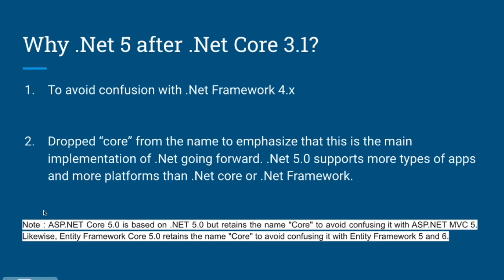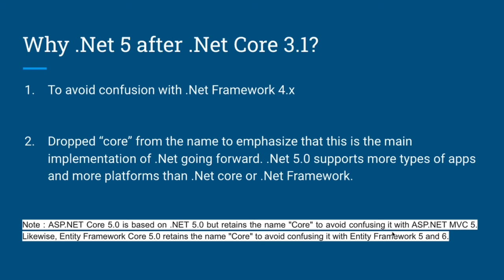One main thing we have to note is that ASP.NET Core 5 is still available, and this is based on .NET 5. ASP.NET Core 5 is based on .NET 5, and it retains the name Core to avoid confusing it with ASP.NET MVC 5.